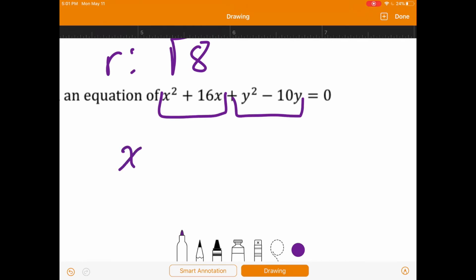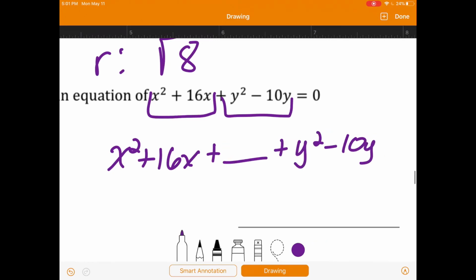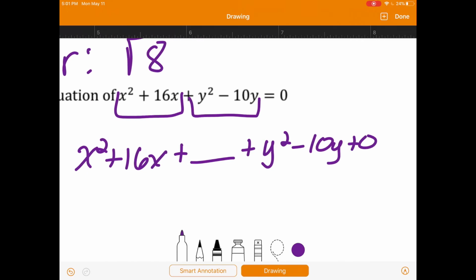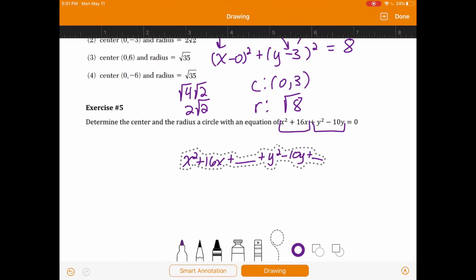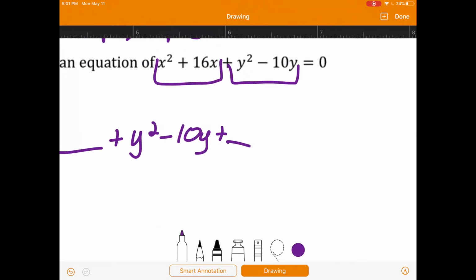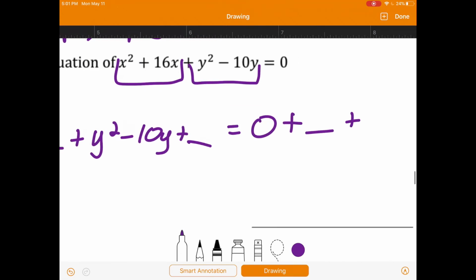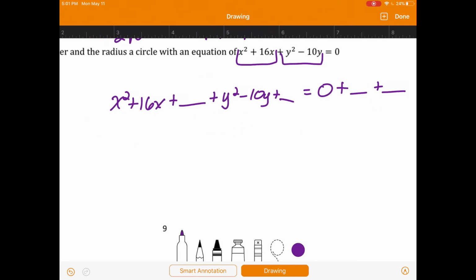So we're going to take the x's and write those out again and give us a blank space. Do the same thing with the y's, plus blank. And then we've got 0 plus blank plus blank.